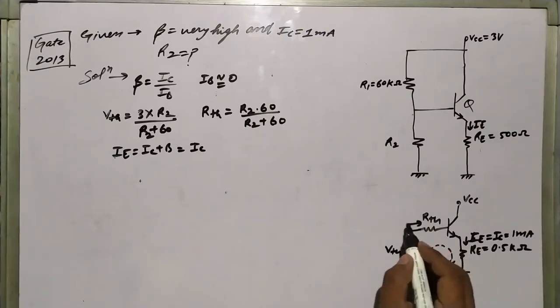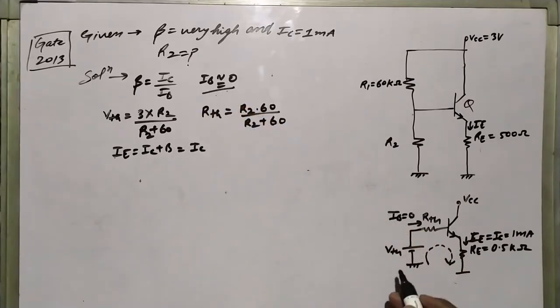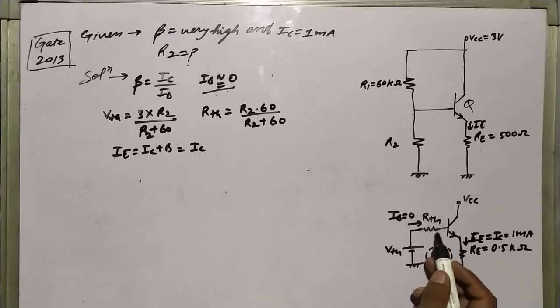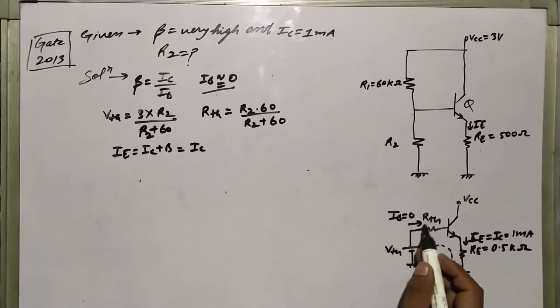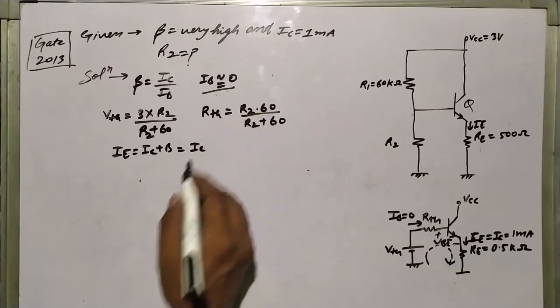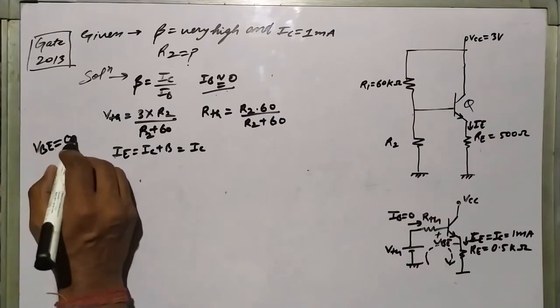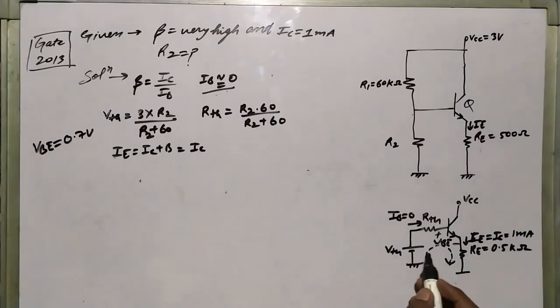And IB equals 0, so the voltage across RTH will be equal to 0. So we have VTH with variable R2 and we have VBE. VBE is not given, so we will consider VBE equal to 0.7 volt. We have all voltages and only one variable, so by applying the KVL I can easily calculate R2.